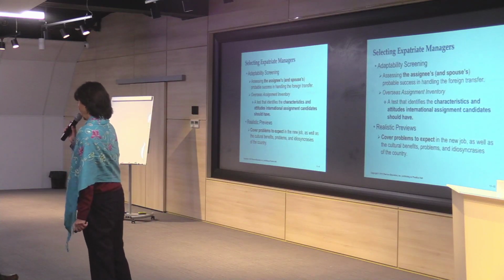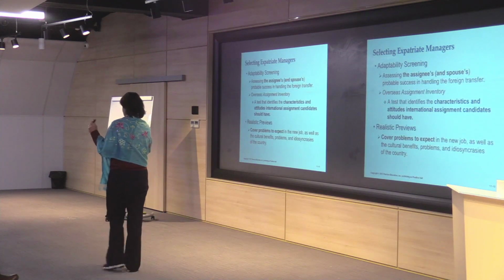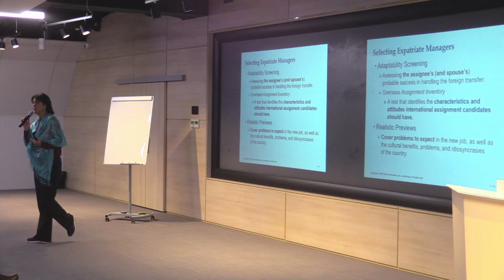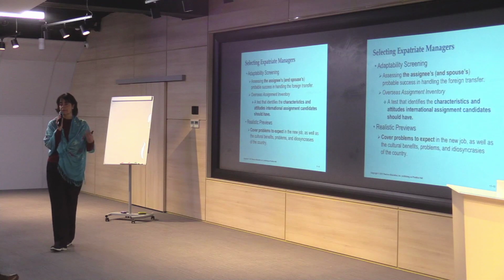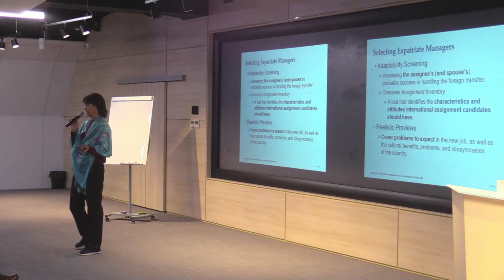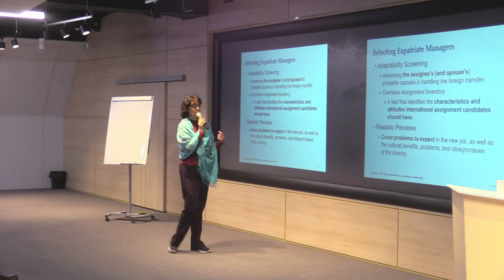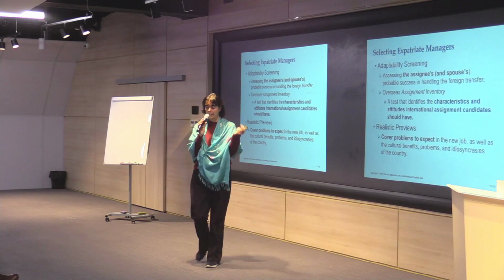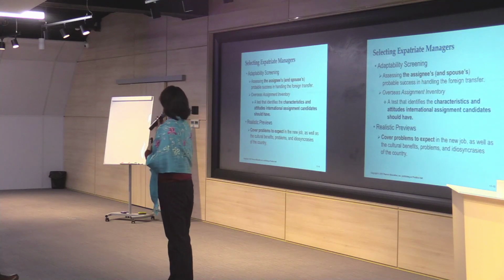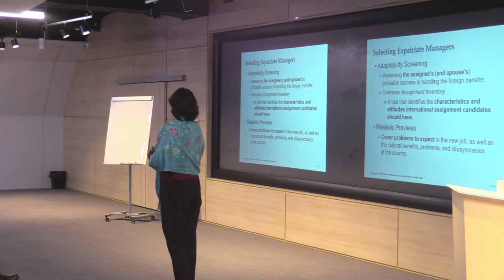It was actually a lot of money, and if the person who was sent to fulfill those obligations returns sooner, that is usually very costly, and it costs 3 and sometimes 4 times more than their actual salary was. So that's why it's very important to be sure that not only the individual with their professional, cultural, and communication characteristics will be a good fit, but that the whole family will adapt easily.